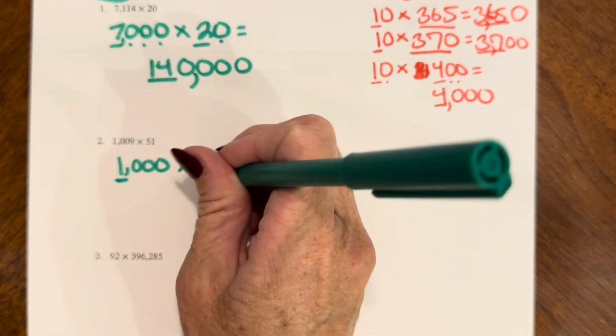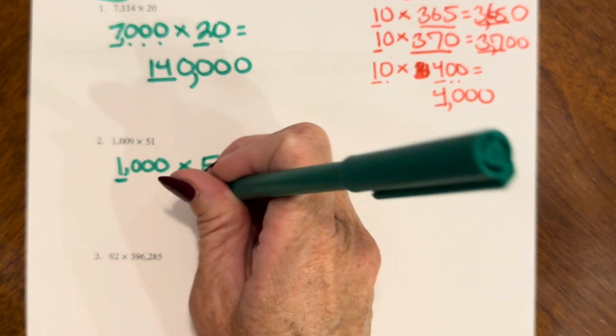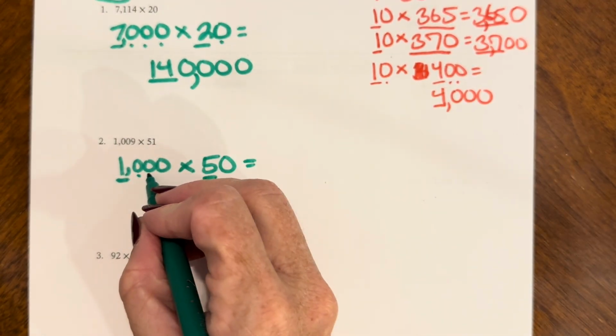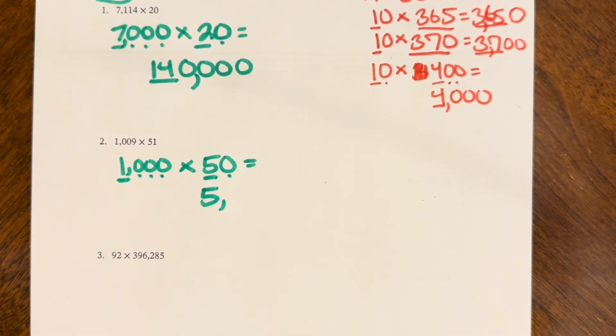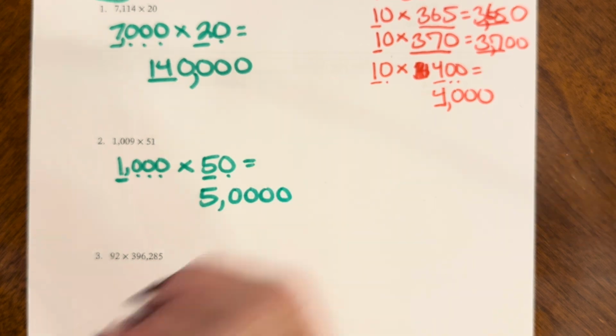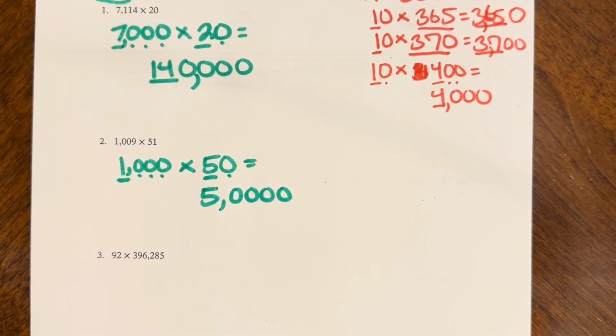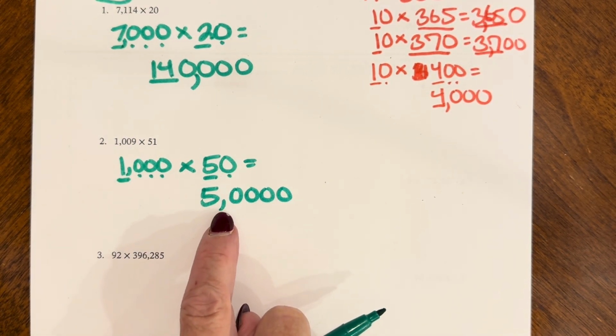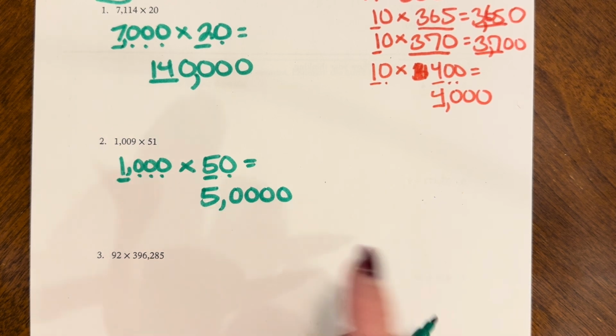I can say 1 times 5 is 5. And since there's 1, 2, 3, 4 zeros in my factors, there's going to be 1, 2, 3, 4 zeros in my product. Now look at that, ladies and gentlemen, I put my comma too early. I should wait to put my comma till I'm done. So that's in the wrong spot.